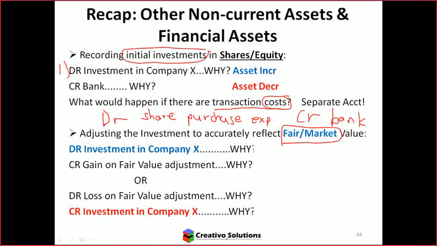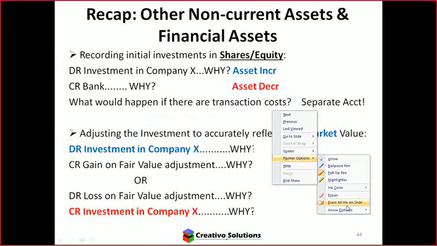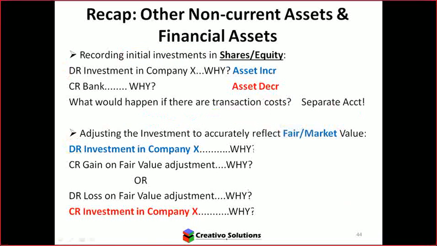So if I debit the investment in company X, what happened to the value of the asset? Did it go up or down? Increased. Correct. So I'm going to get a gain on the fair value adjustment. Fair value means the current market value for that particular asset.